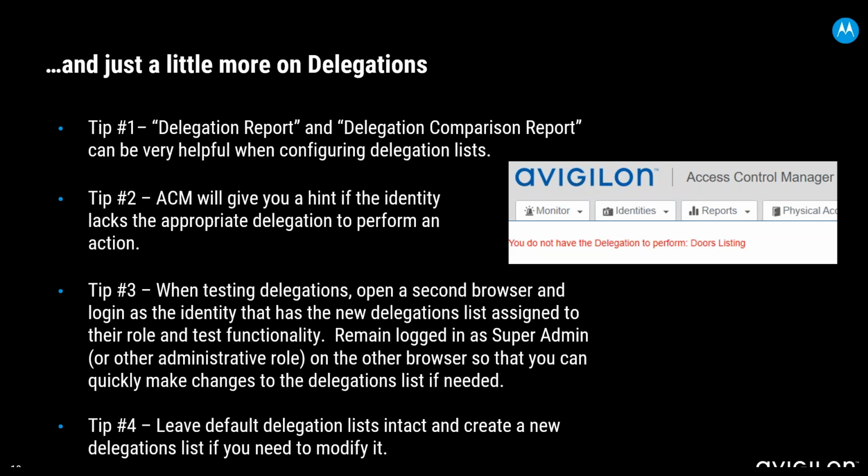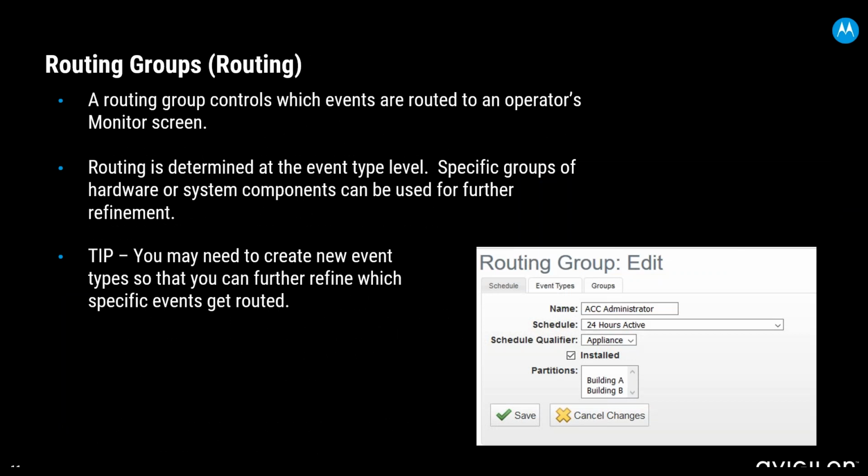Won't say it's impossible, it's just harder to get back to that starting point. So what I like to do is create a new delegation, and then open up the delegation that I want to copy from, and then start adding the delegations to my new list and start from there. So that will wrap up delegations.